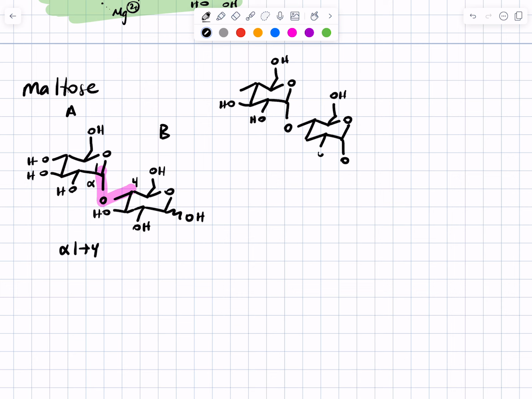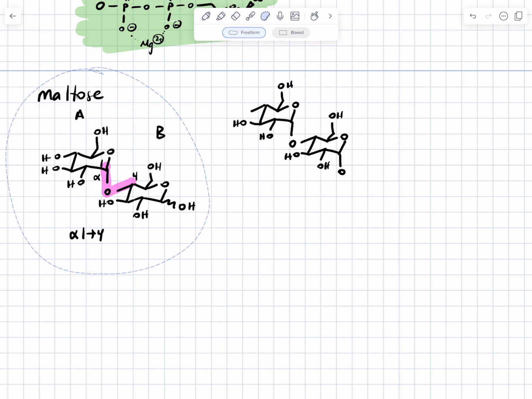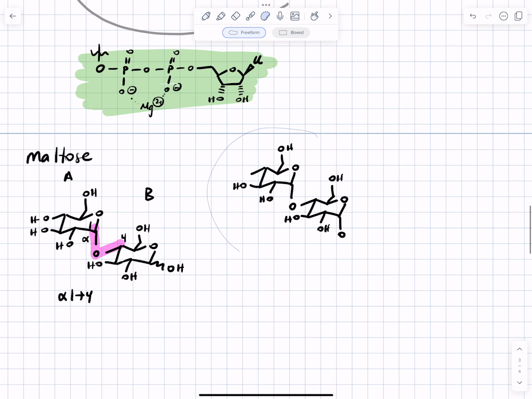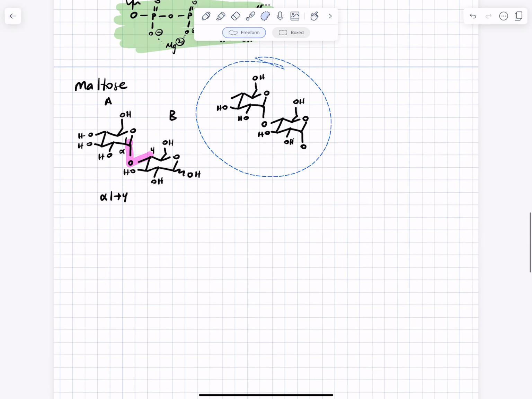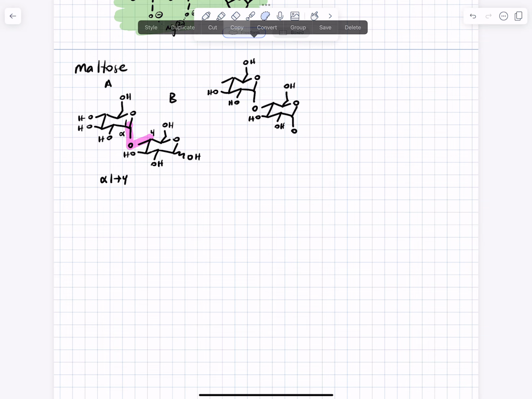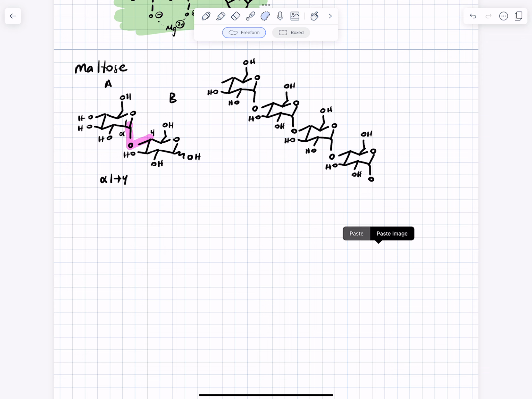And I'm going to do the unthinkable here and use copy and paste so that we don't have to spend all day drawing glucose. You don't have to copy this down, it'll be in your notes. So if I take this and, sure, maybe I'll just put it there. Copy, paste, copy, paste.